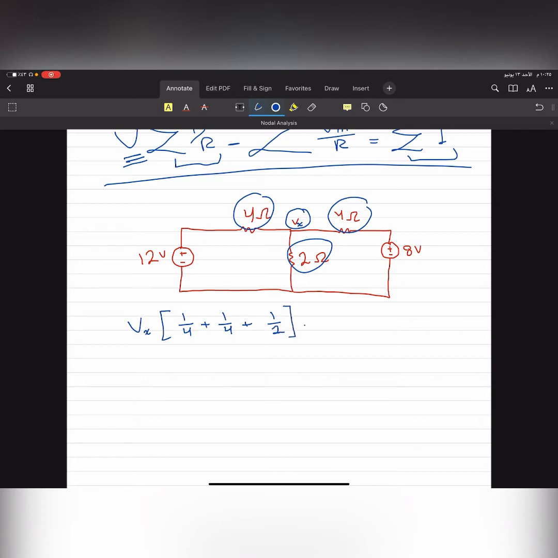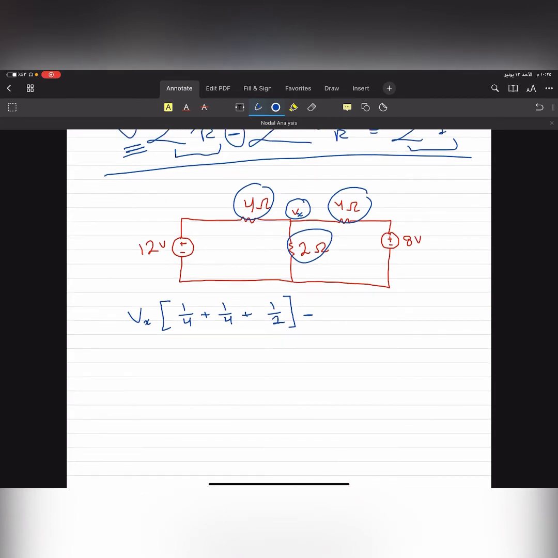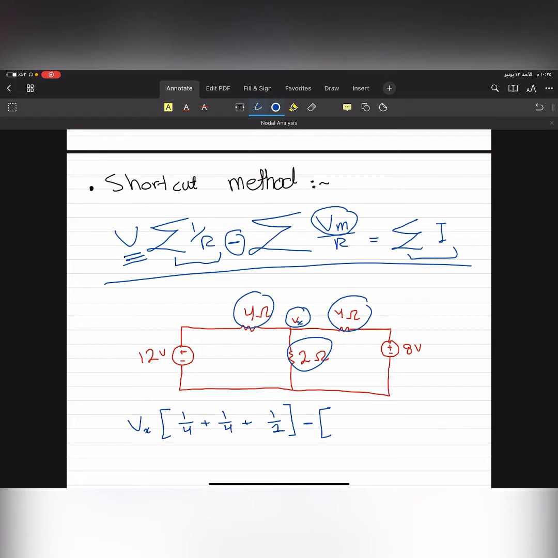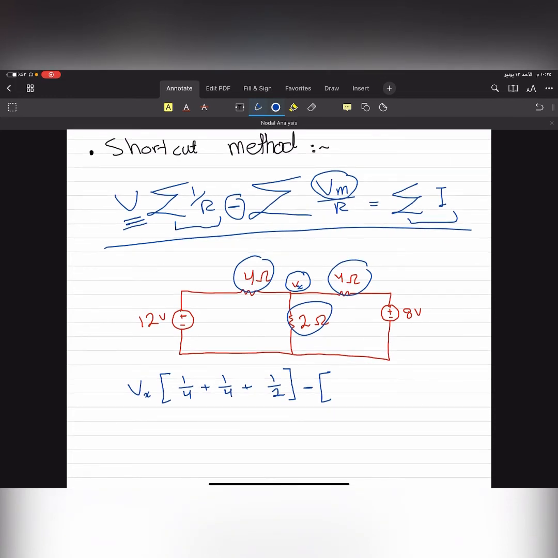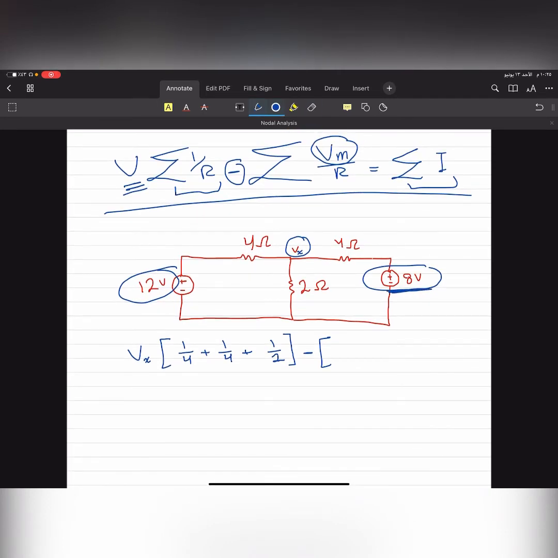Minus the sum of the mutual voltages. Where are the mutual voltages? They are the voltages next to that node. So here is a mutual voltage and here is a mutual voltage. These are the two mutual voltages. Each mutual voltage has the resistance between it and the required node voltage.